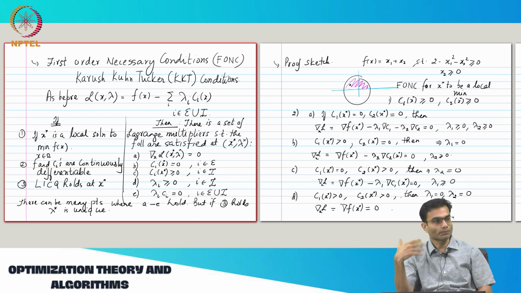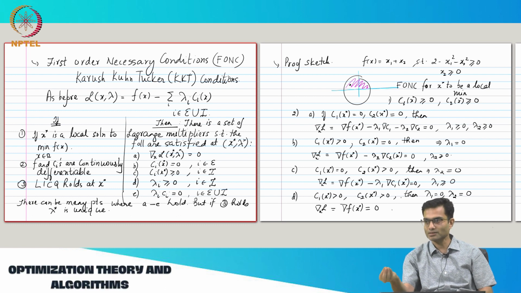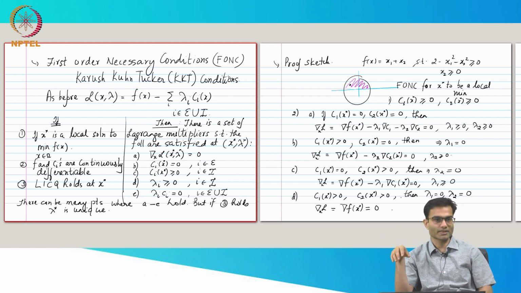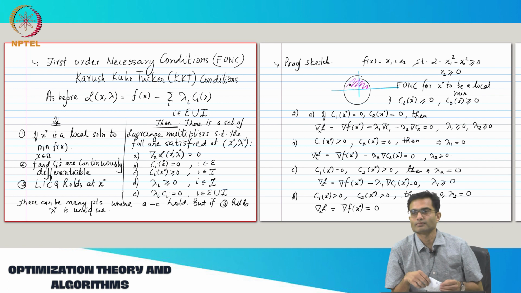But I can have multiple constraints in such a way that the feasible set is a point. That is also possible. It will be a very silly problem to solve, because if there's only one point in the feasible set, there's nothing to optimize. That is the solution, right? So in general, the dimensionality is going to be less than the overall space in which we live, obviously, but we cannot say it will always be one less than the overall dimension. Okay.